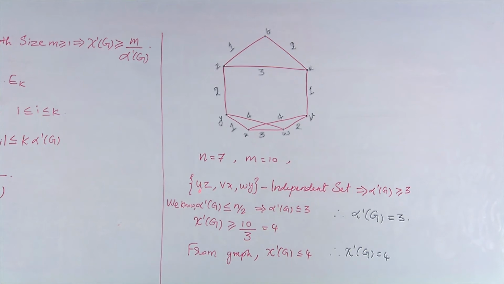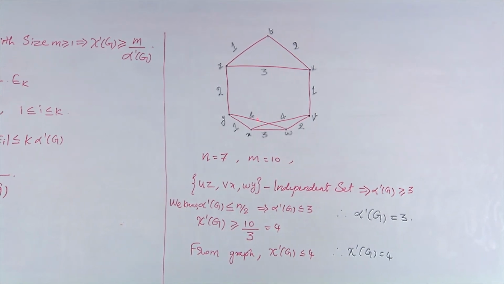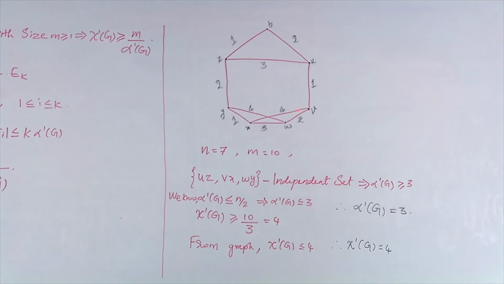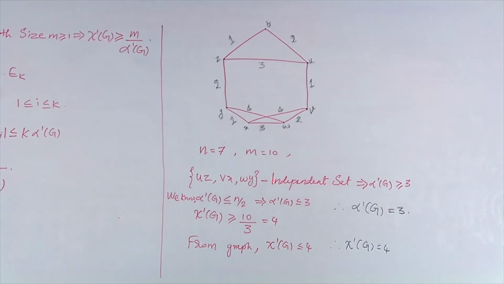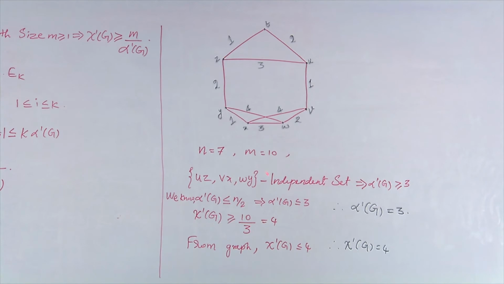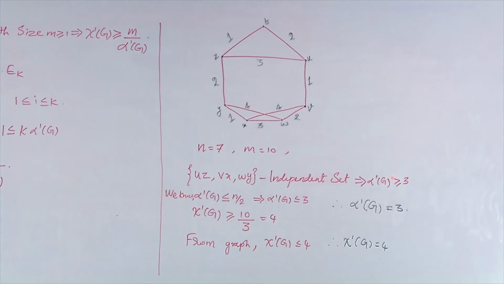I can consider uz and vx, and consider wy also. So uz, vx and wy are not adjacent, or do not have a common incident point, which means these three lines form an independent set.